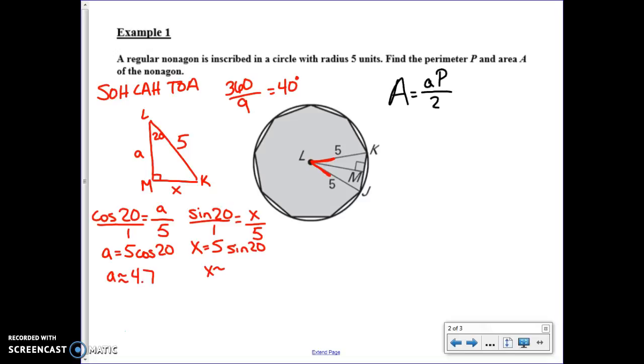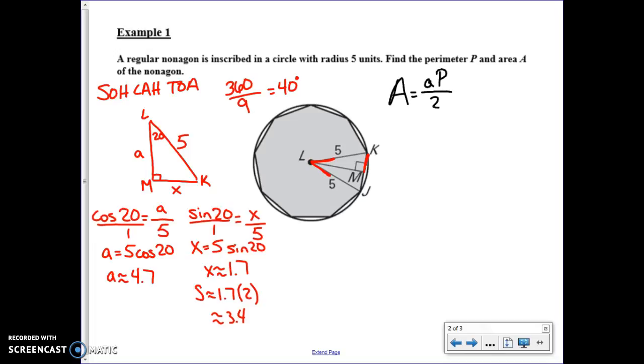So X is approximately 1.7. But I need to know the actual side here. So I need to take 1.7 and multiply that by 2 because what we're looking at is right here and I need to know one full side. So that would be about 3.4.